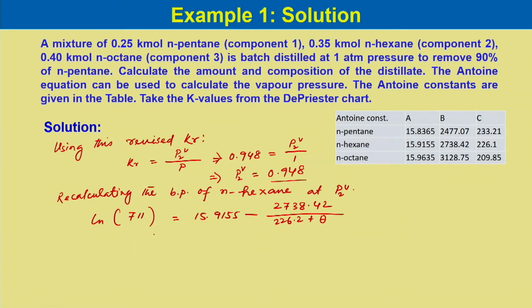So, from here we can calculate theta plus 226.2 would be about 292.91, and hence theta would be 66.715 degree centigrade. This is the boiling point of the reference component.